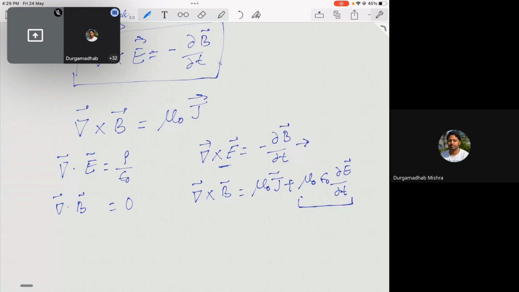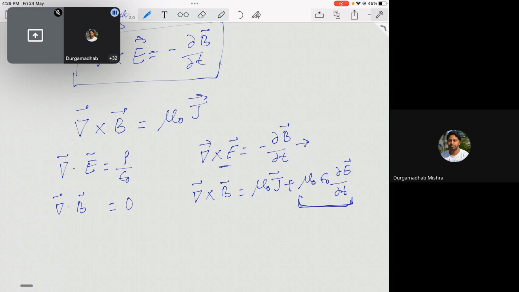But now, how do we actually know why we need this extra term introduced by Maxwell? That was, I think, one of the biggest contributions of Maxwell, and that's why these are known as Maxwell's equations. Although, if you look at the individual equations, they all come from electrostatics, magnetostatics or electrodynamics.